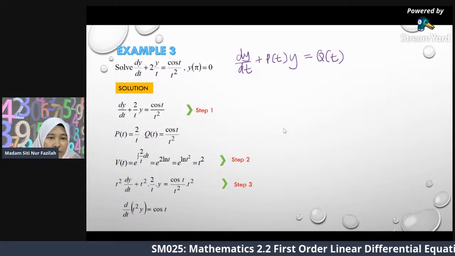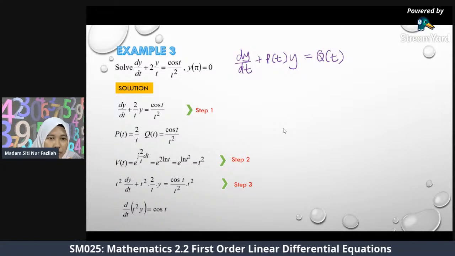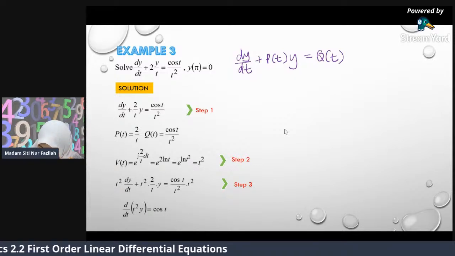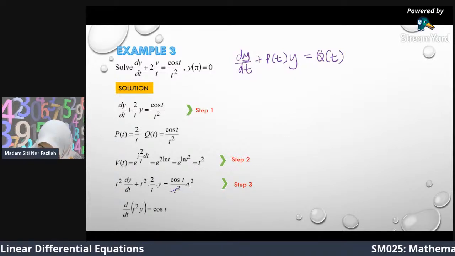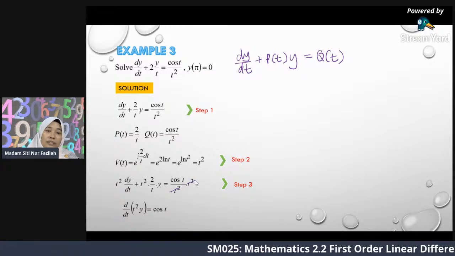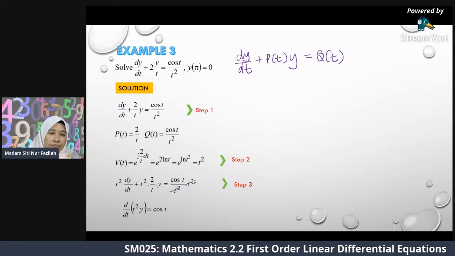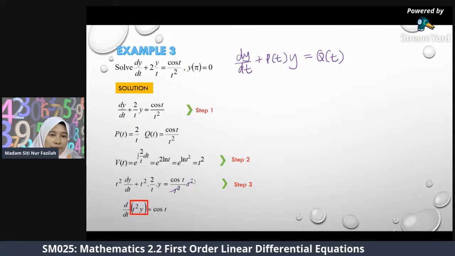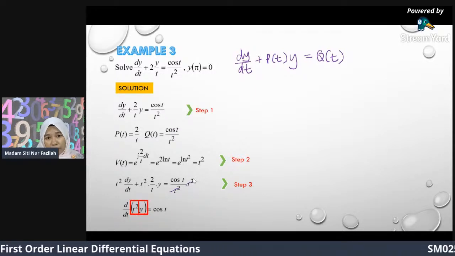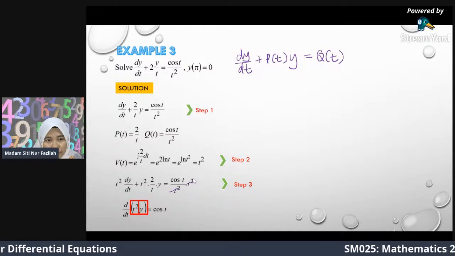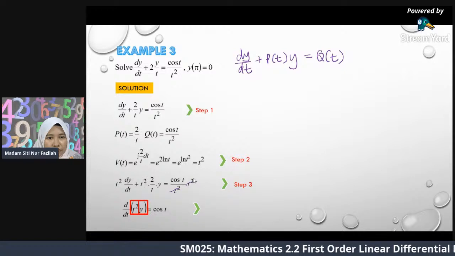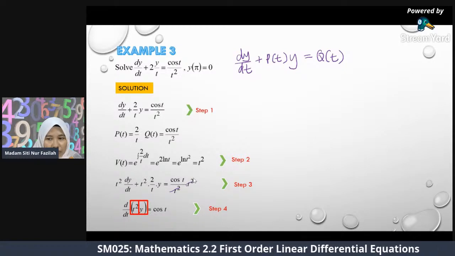That's why we get t square y equal to cos t. Why do we get cos t here? Because we cancelled t square in step 3. We get cos t only. For the red box, we must put v(t) y. Settled for step 4.